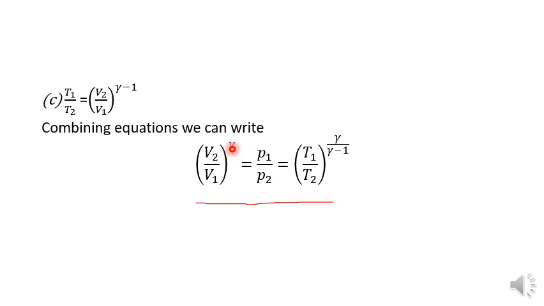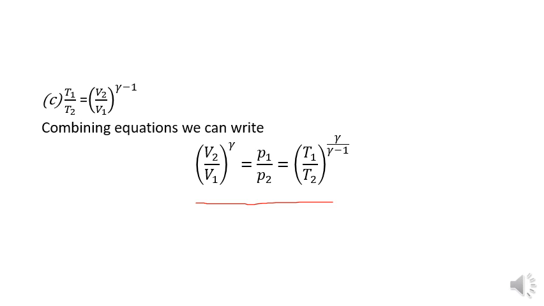For the relation between V and T, (V2 by V1) whole power gamma is equal to (T1 by T2) whole power gamma by (gamma minus 1). Here the gamma and gamma cancel, so we get V2 by V1. If 1 by gamma comes to this side, it goes to the numerator, so we get (V2 by V1) whole power (gamma minus 1) is equal to T1 by T2.